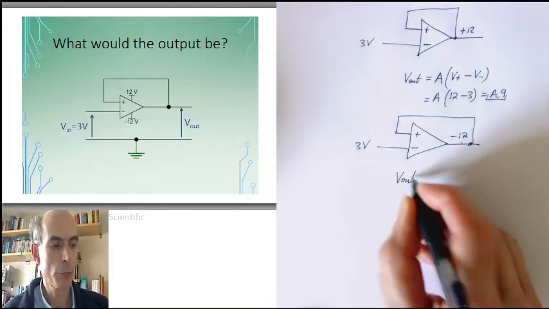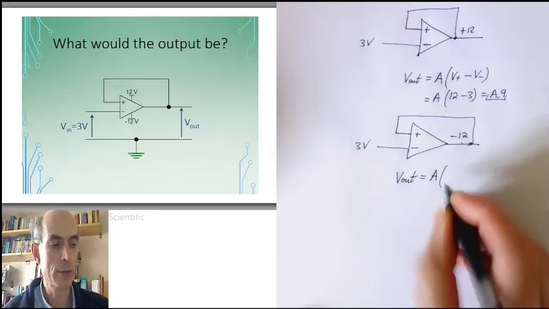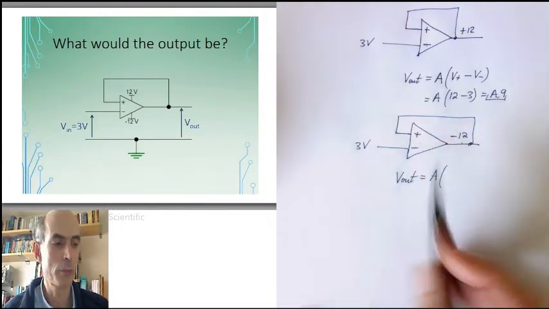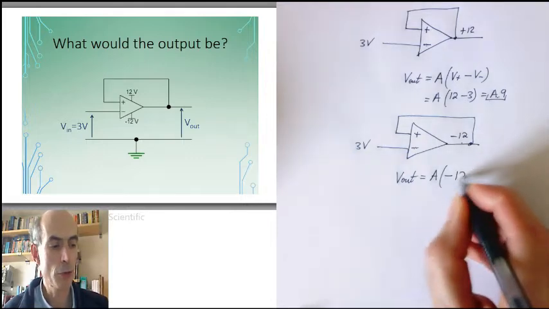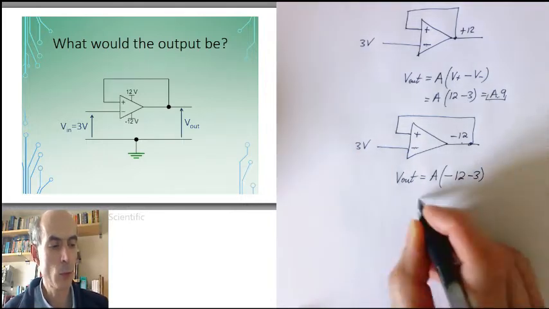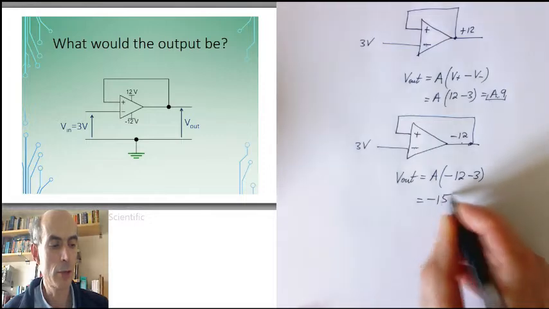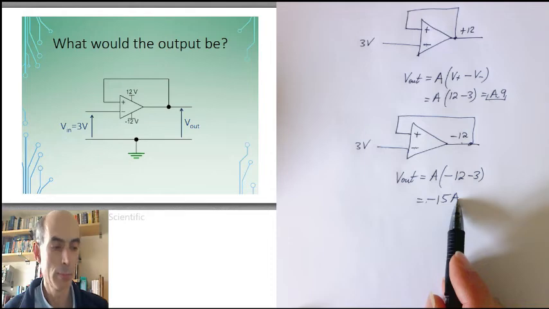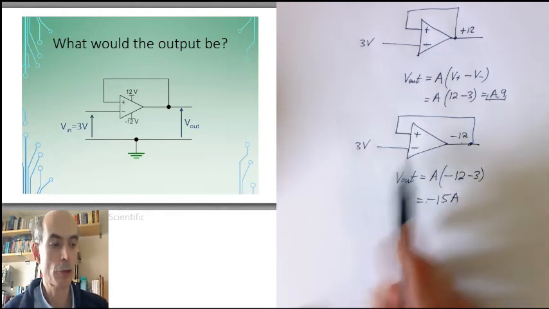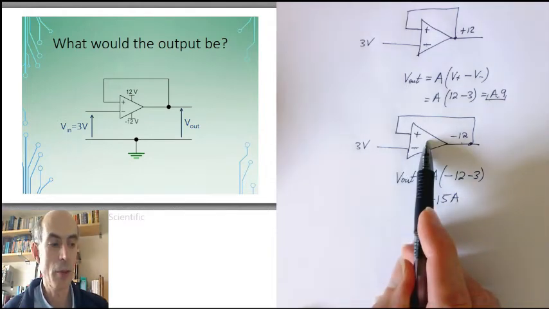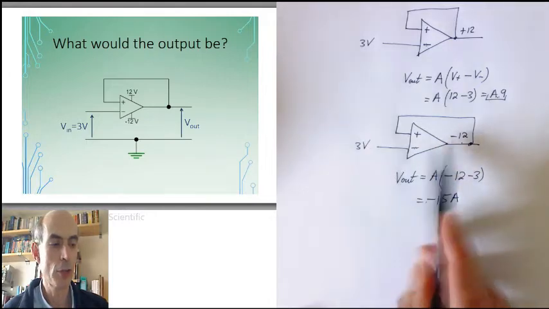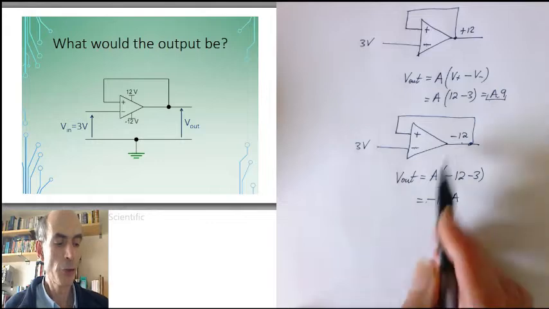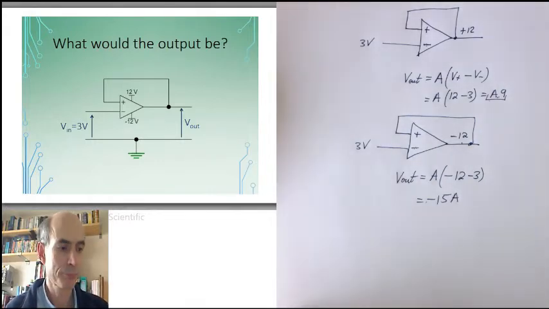Now, the output would be the open loop gain times the difference between the non-inverting and the inverting inputs, which is now minus 12 minus 3, which is minus 15 times A. This is a very large negative quantity, which means the op-amp would be trying to keep its output at its minimum possible level, which is minus 12 volts, its negative power supply. So this is a stable situation as well.